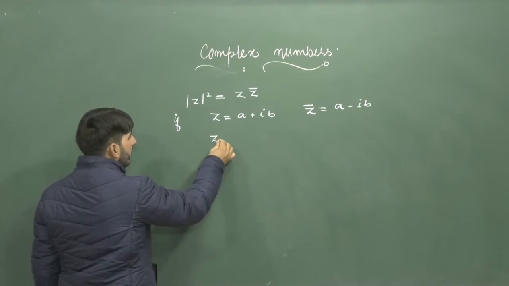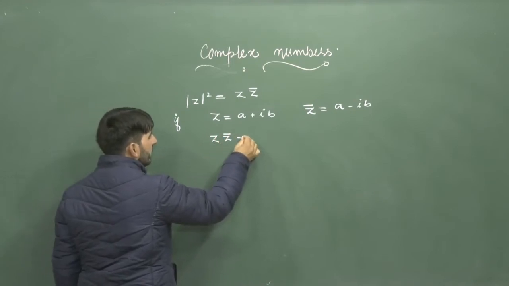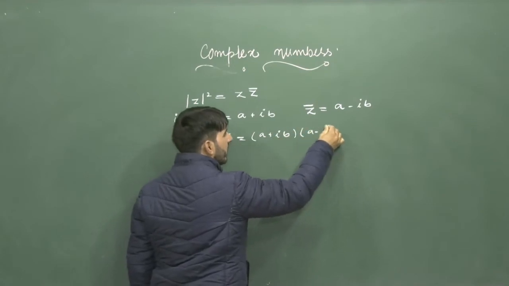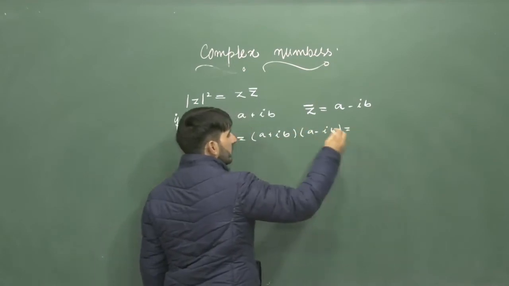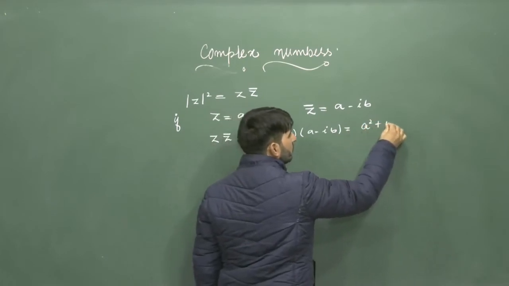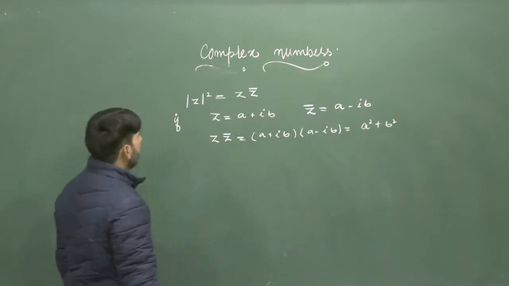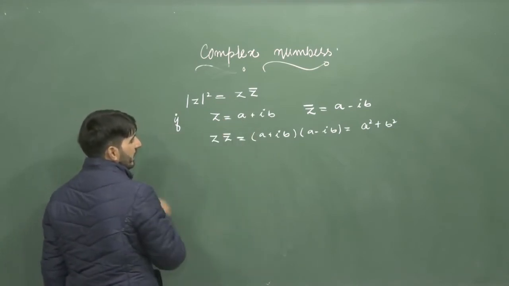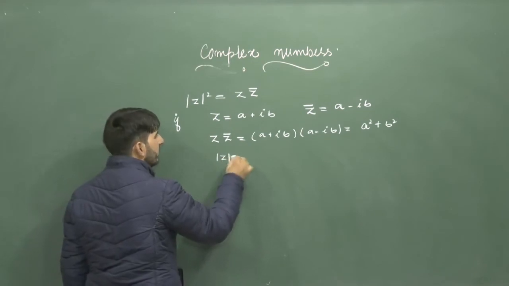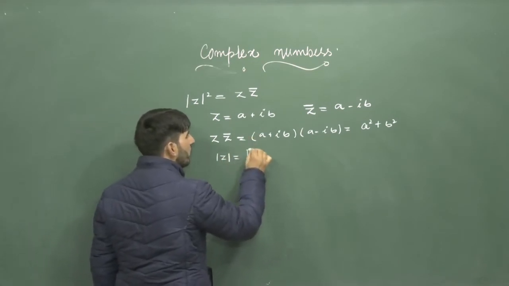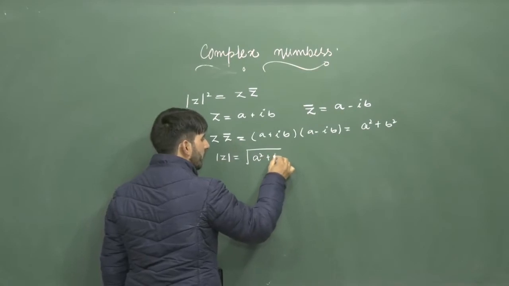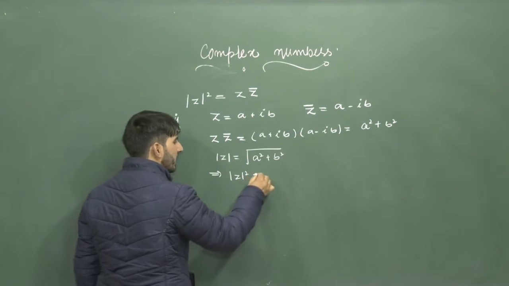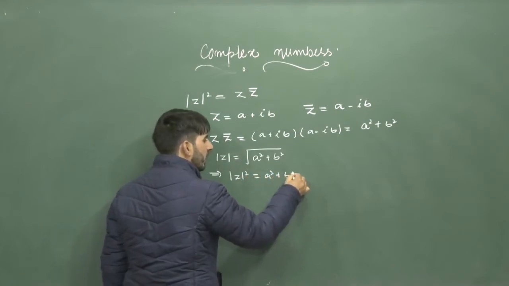So z into z conjugate is equal to a plus ib into a minus ib, which is equal to a square plus b square. Now we find the mod of this complex number z. So mod of z is equal to square root of real part square plus imaginary part square, which implies mod of z square is equal to a square plus b square.